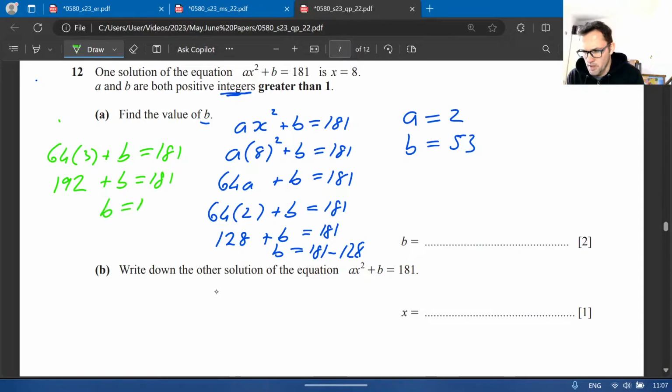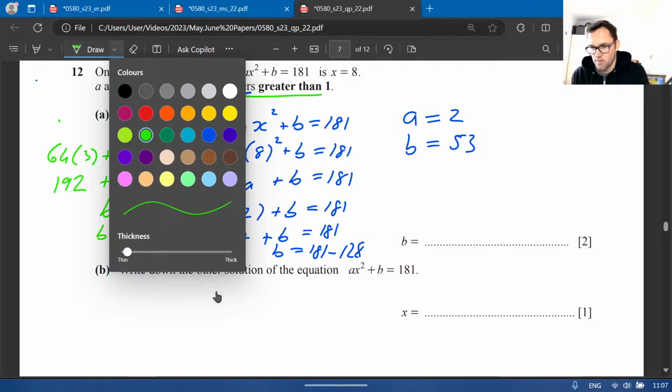So that means b must be minus 11. But it tells us a and b are both positive integers, so a can't be 3. A can't be 1 because it's greater than 1. So the only thing a really can be is 2, to be honest. So I think we figured this one out.